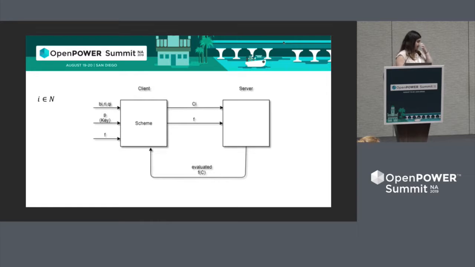Again, a graph to show you how it works. There is the client side and the server side. This is in Gentry's Blueprint, where R and Q are produced randomly. There's the B, which is our input, there's the P, which is the secret key, and there's the function F. We assume here we want to do an addition of 2 integers.